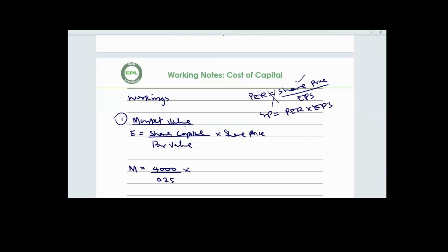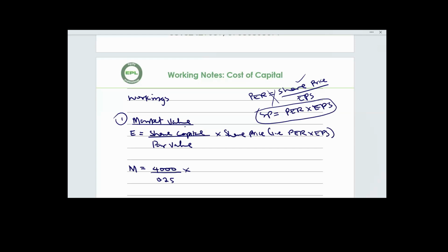This will give you the formula of share price. In this particular question, the examiner did not give us the share price, and that is the formula we are going to use to get it. So it is price earnings ratio multiplied by earnings per share.